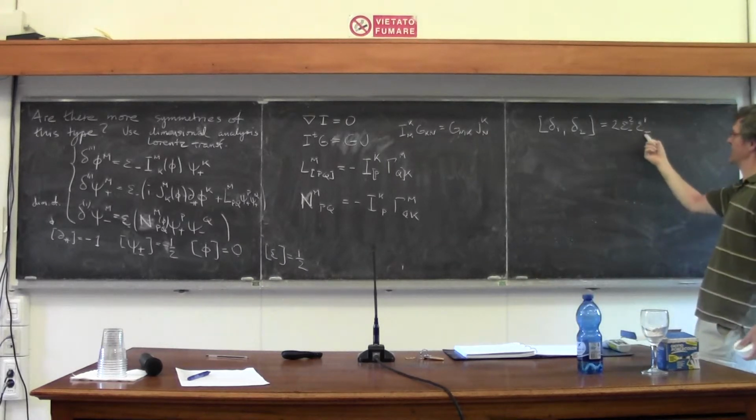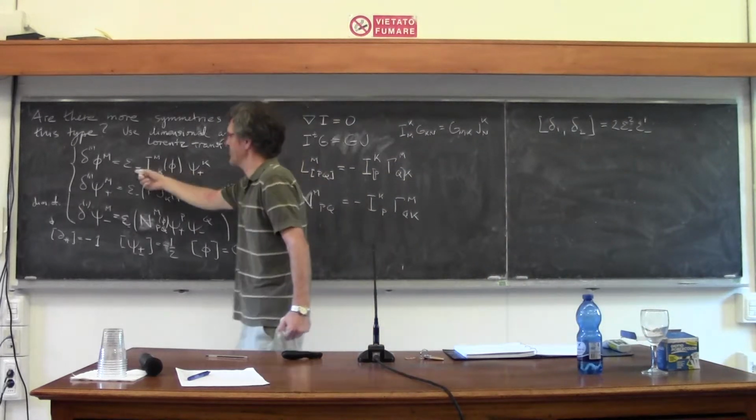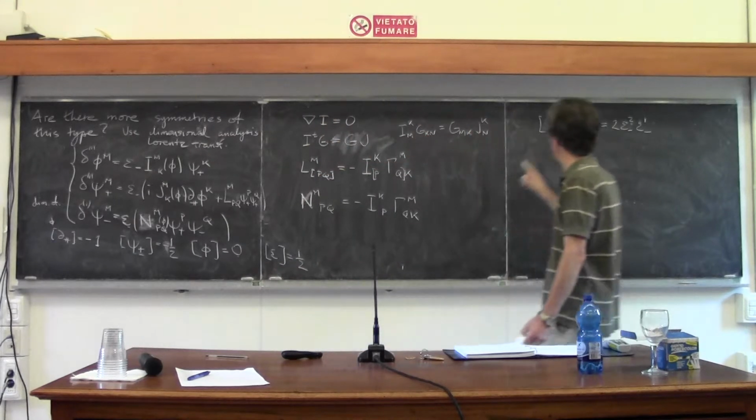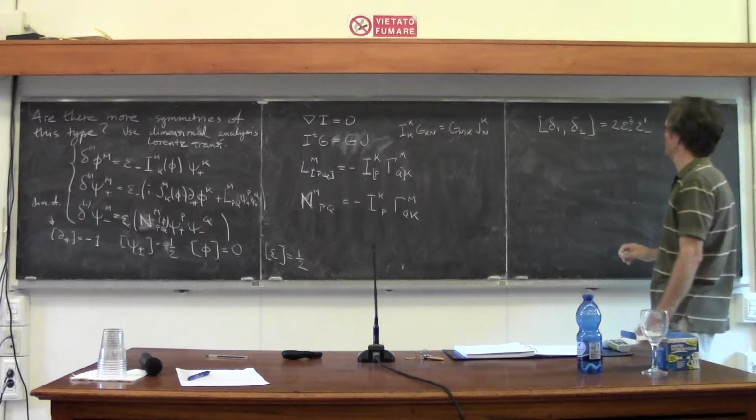Right, so I'm taking two transformations of this type. The parameter of the first transformation I will call epsilon 1 minus, the second epsilon 2 minus.